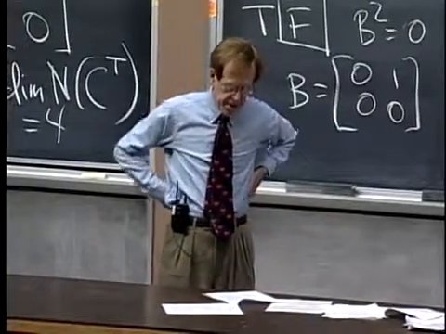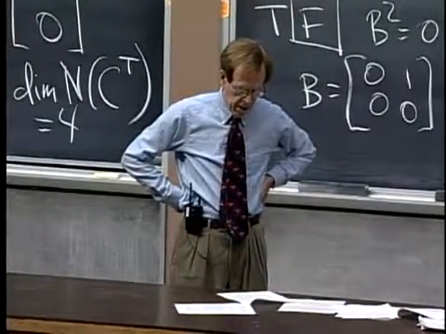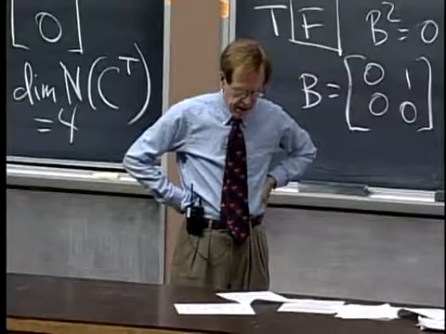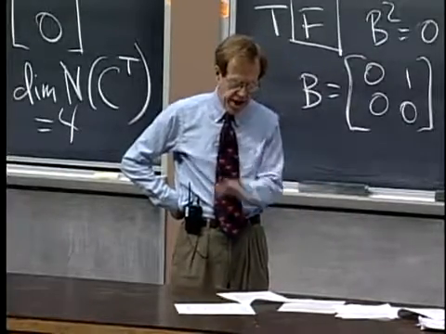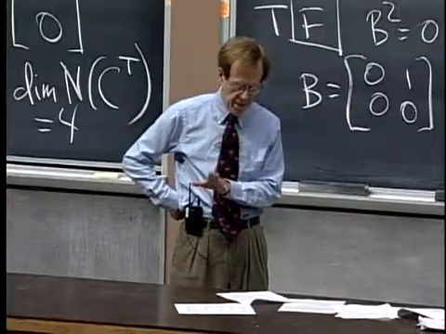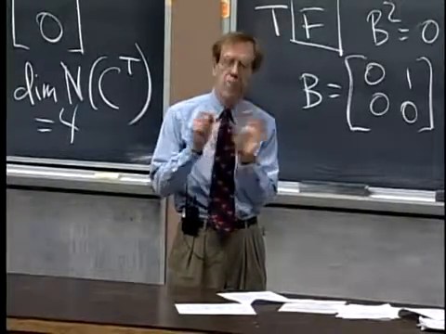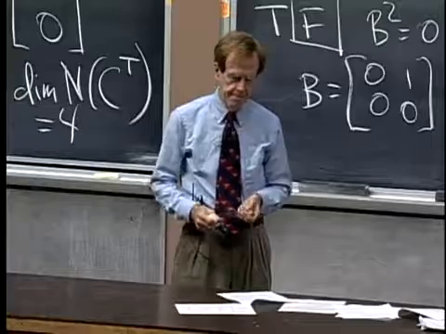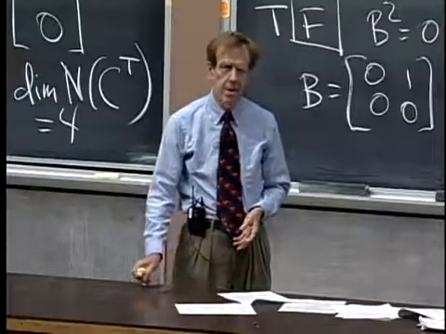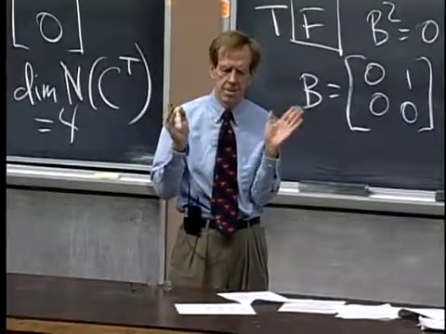Here, a system of n equations in n unknowns is solvable for every right-hand side if the columns are independent. So can I say that again?